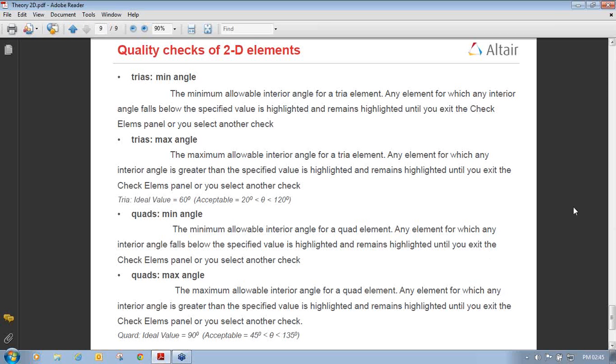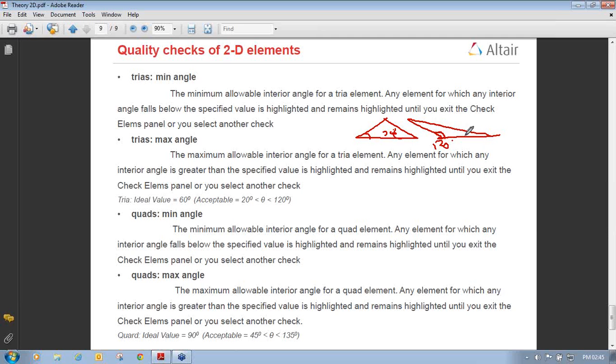Similarly, maximum angle is also important. So the minimum angle of the tria element is reported as 20 degree, and the maximum angle for the tria element should be below 120 degree. So these are also very important checks.